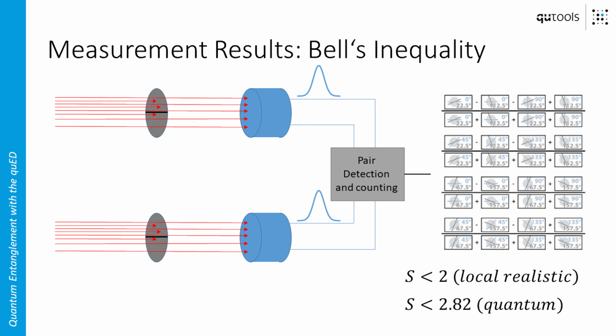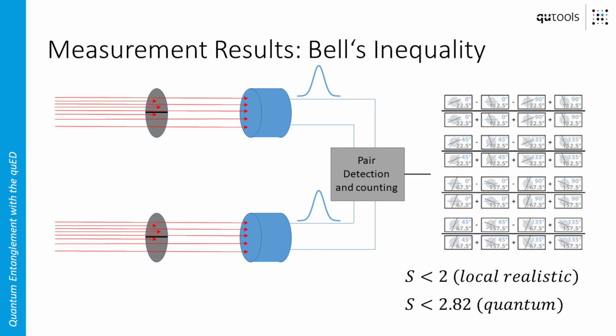So coming back to the Bell's inequality, we have these different measurements that we perform with different angles of the polarizers, and we calculate some value with all of these measurement results.